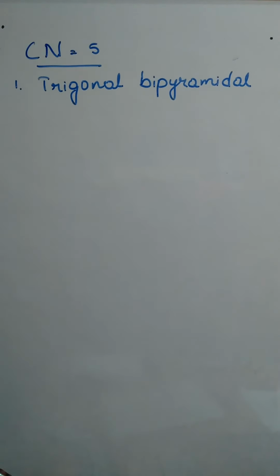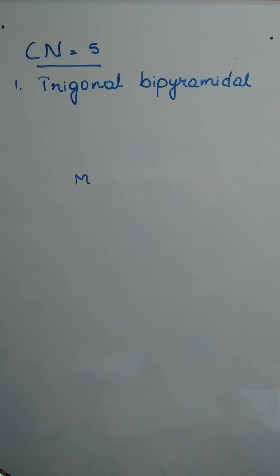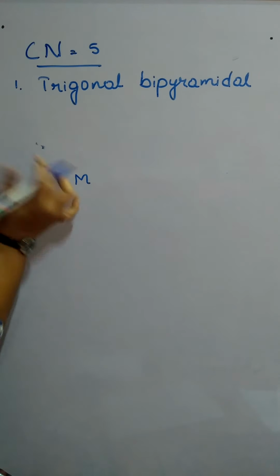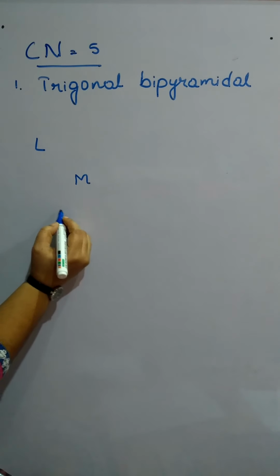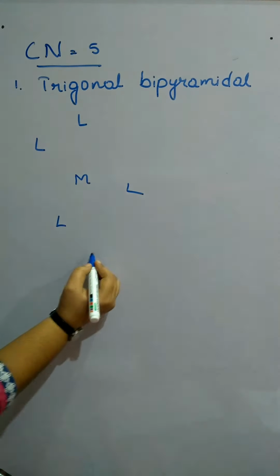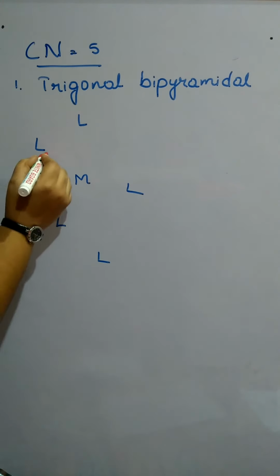In the case of trigonal bipyramidal, we have the metal, and the ligands are in a triangle-shaped plane, one above the plane and one below the plane. So we can observe that one.